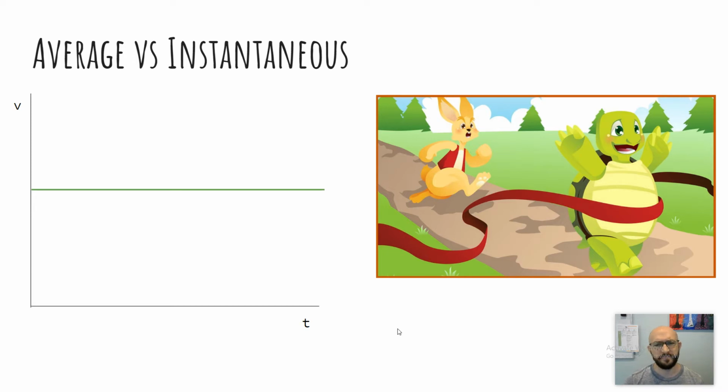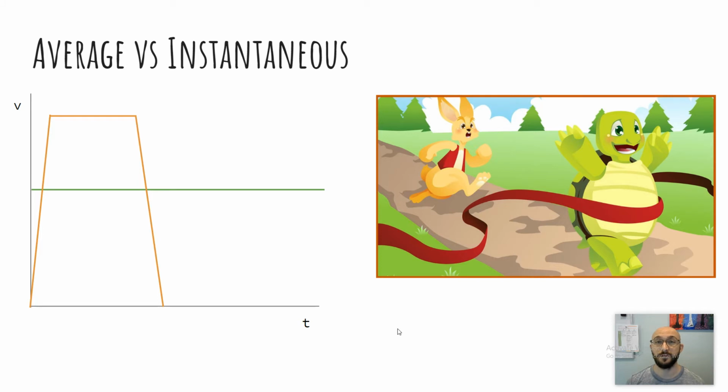So here we have the speed of the tortoise graphed as a function of time. Nice, easy, constant. Let's see what the hare was doing. Well, the hare took off like a shot, got way far ahead of the tortoise, started going at its max speed for a while, saw a nice tree, slowed down, took a nap.